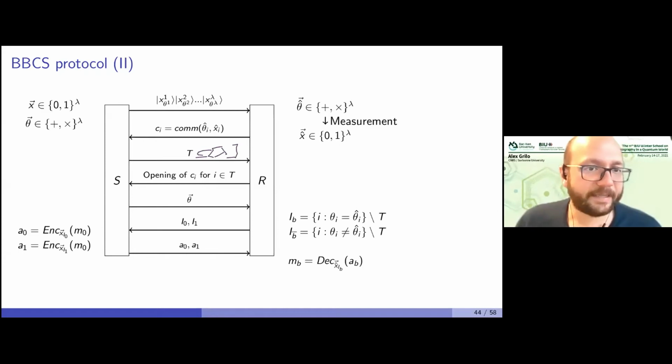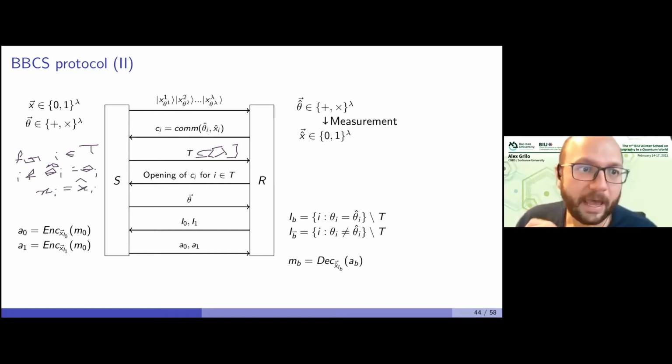And then the sender can just check, for every i in T, if theta hat i is equal to theta i, then you should have xi equal to xi hat. And if you have any case where this did not happen, then the sender can just abort, because she knows that the receiver did not perform the measurement.